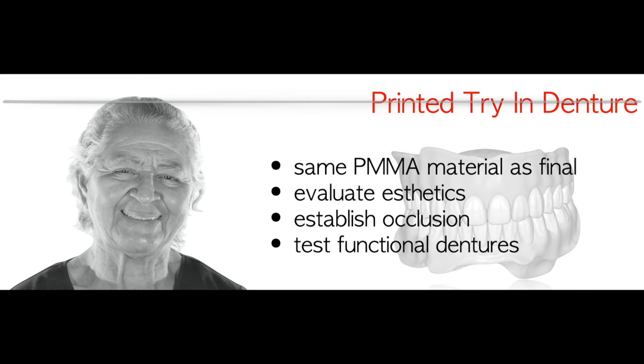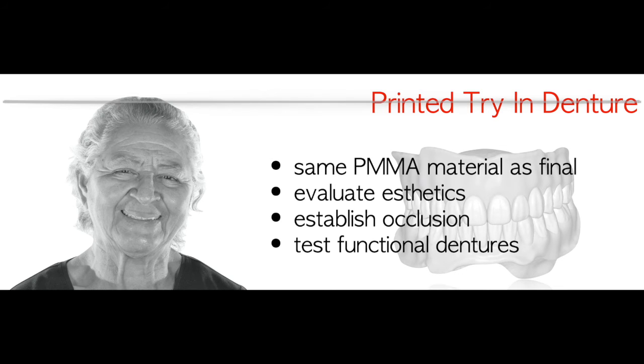Printed try-in denture is the same material, polymethyl methacrylate, as the final denture. And you use this try-in denture to evaluate esthetics and establish occlusion, so patient actually is able to chew on this try-in denture. Therefore, you could literally test the final denture before you fabricate the denture.